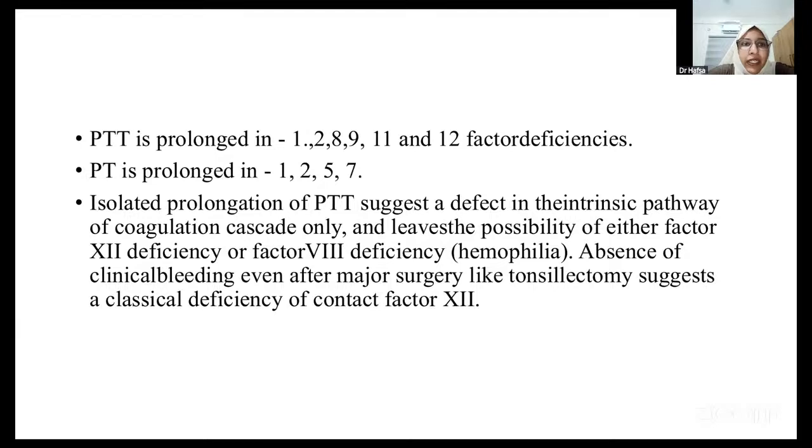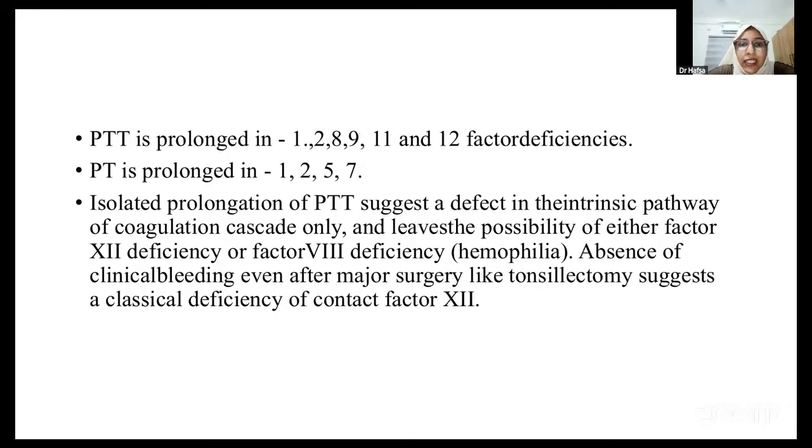So here, PTT is prolonged in deficiency of which factors, and PT is prolonged in deficiency of which factors. Just imagine, if you are not very sure of the exact concept and exact answer, it will be very easy to go with the wrong answer. So answering such questions should be done very carefully.